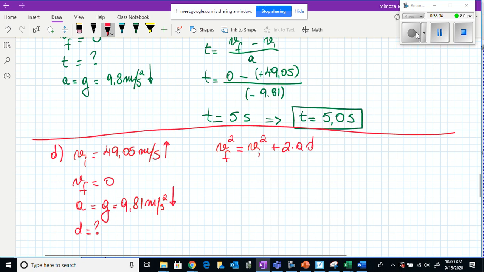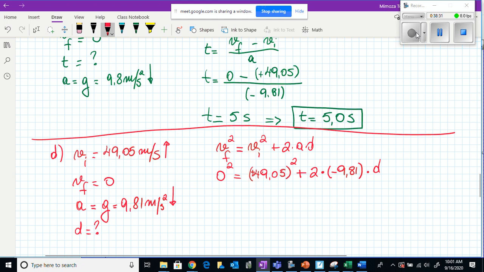So now 0 to the power of 2 is equal to 49.05 to the power of 2 plus 2 times negative 9.81 times D. And even if you don't write the positive, or if it is a negative, squaring will still be positive.